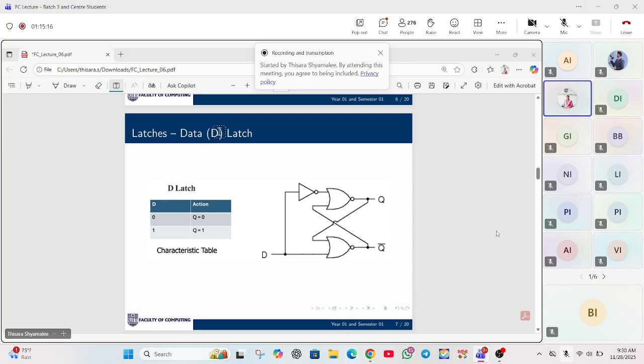Unlike the previous latch, that means the SR latch, the D latch has only one data input.